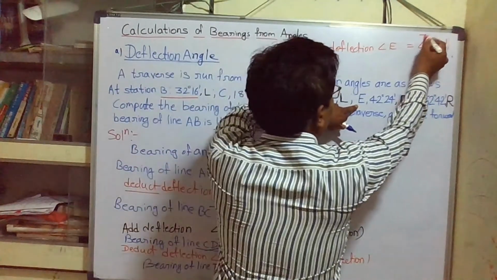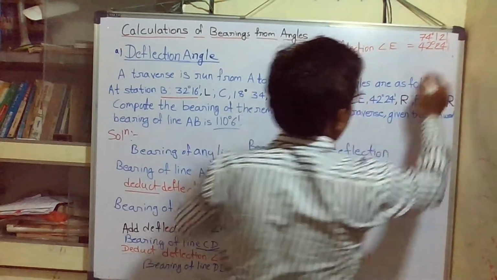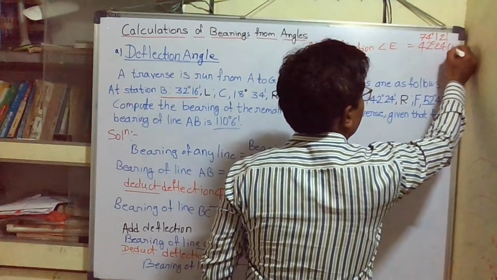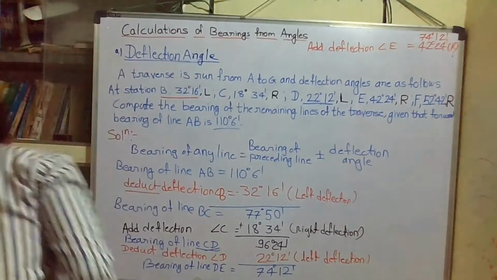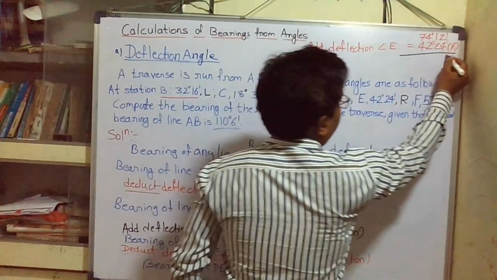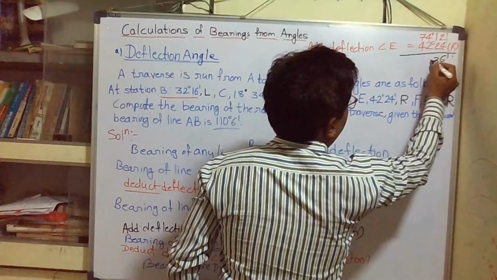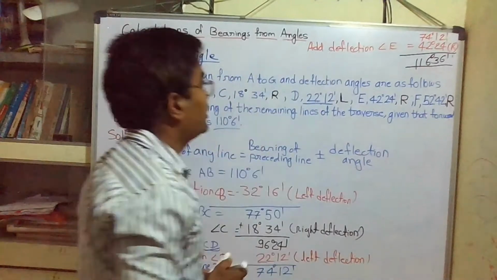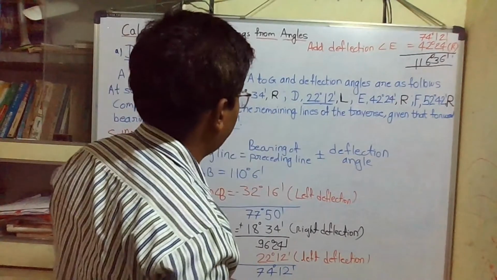Why are we adding? Because it is a right hand deflection. So we get the bearing of the next line, 116 degree and 36 minutes, and this is nothing but the bearing of line EF.